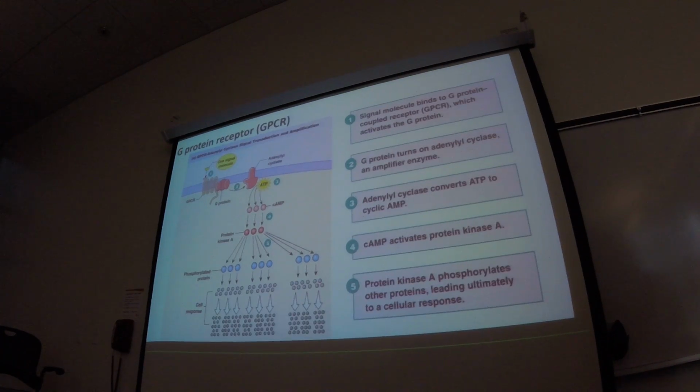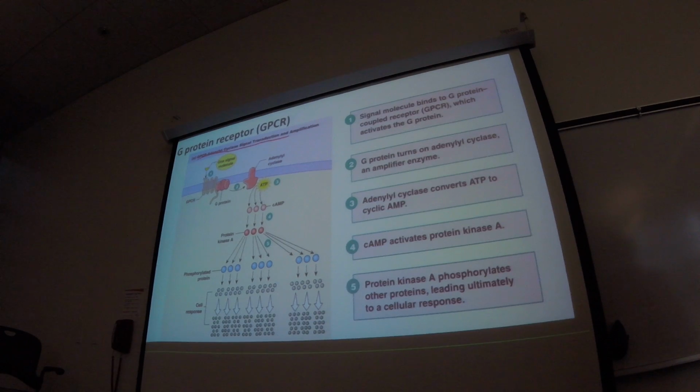All right. So, this G protein receptor, the GPCR. So this is the signal transduction for the GPCR, adenylyl cyclase signal transduction. This is a very specific example of how a G protein is used to create a cell response.